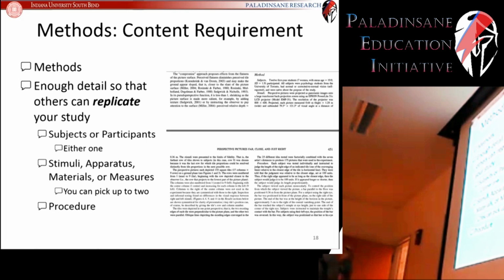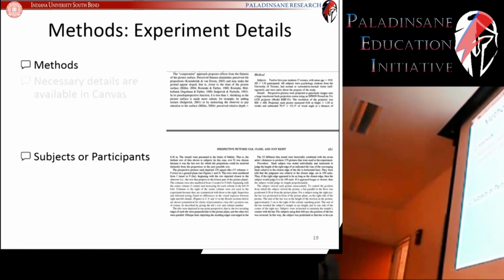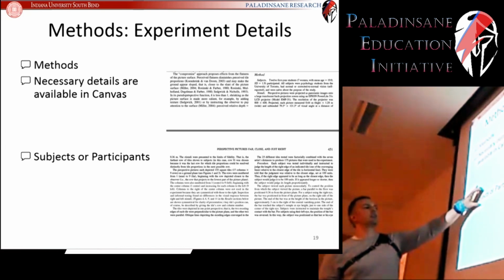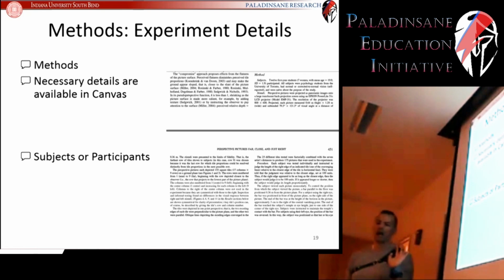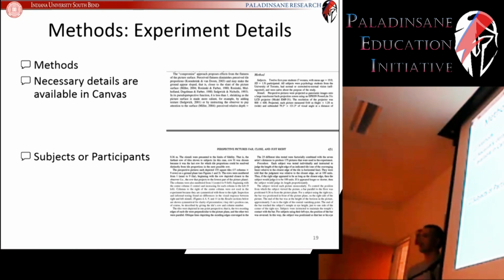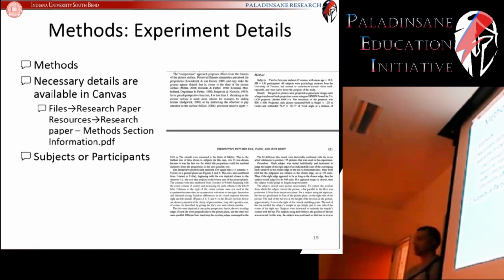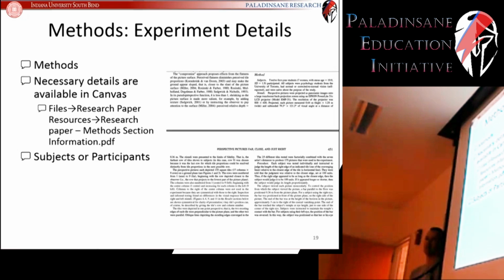All right, so that's your basic breakdown. Let's take a look at it in a little bit more detail. So you're going to have to write a section on subjects or participants, whatever you want to call it. For anything that you're writing that you don't have the details for, the details can be found in a PDF that has your method section information.